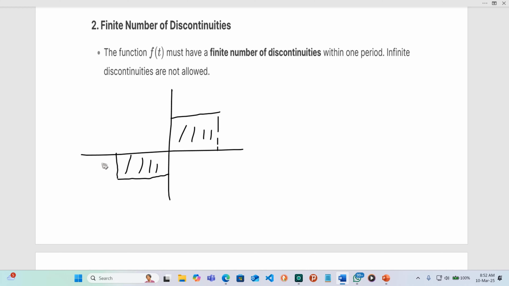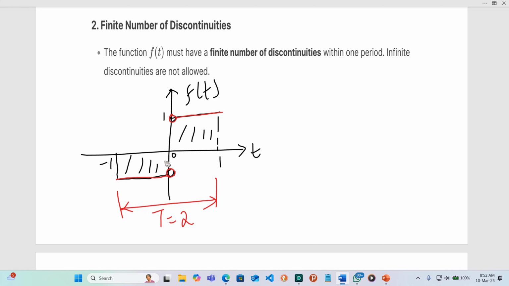Maybe this is negative 1, you have 0, you have 1. Maybe this is, let me say 1, this is also 1. So there is a discontinuity here. This is how it looks like. And this is one period, equivalent to 2. So this is allowed, and this function can be expressed as a Fourier series.